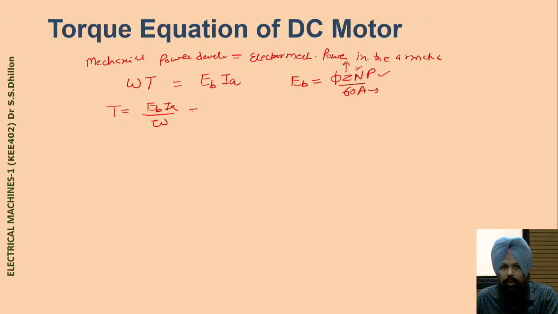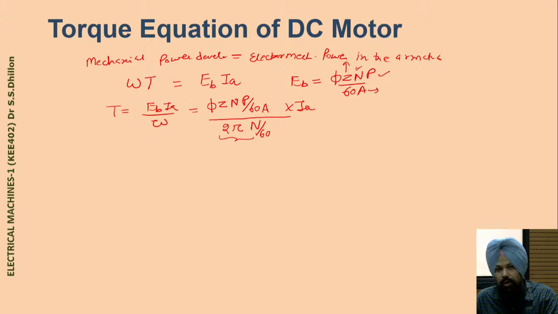Okay, where Eb is equal to phi Z N P upon 60A, this is the formula for Eb, and multiply by Ia, the armature current, and omega we know that we can convert into radians per second. 2 pi N, where N is RPM divided by 60 becomes RPS. Now we have this omega, angular speed, in radians per second. Now what factors can we cancel out from here?